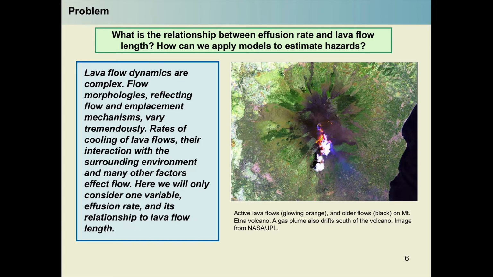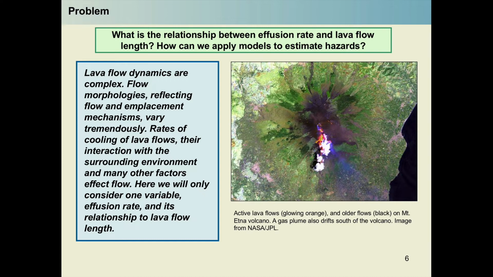Lava flow dynamics are really complex, so we're going to use a pretty simple model to estimate the flow length from effusion rate simply. But there are other factors involved that would be really important if you were going to develop a more sophisticated model than the one that we'll use in this class. So flow morphologies, whether you have a smoothly flowing lava flow or a broken up, rubbly lava flow, that's important.